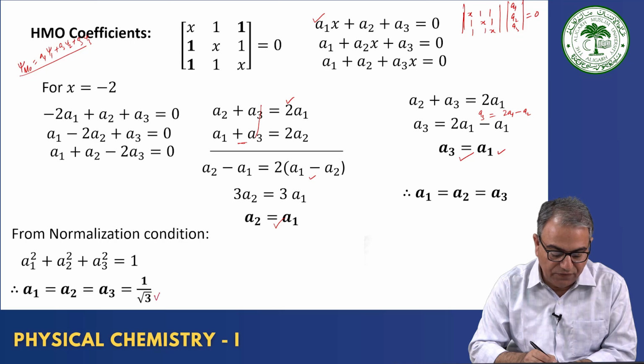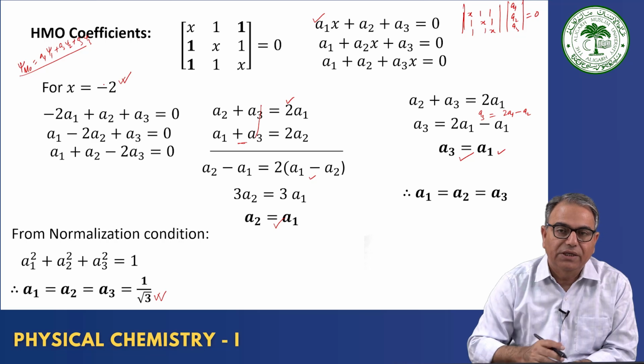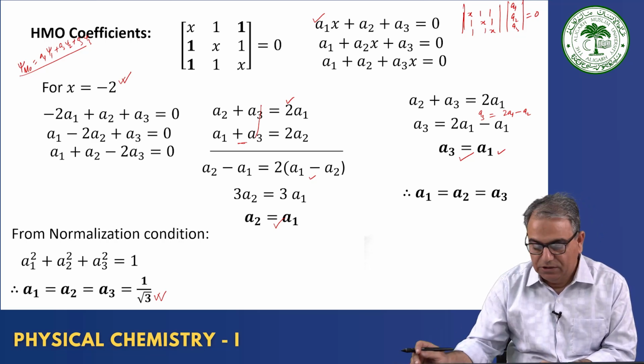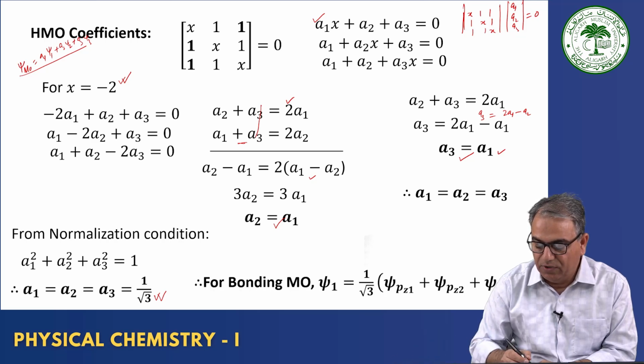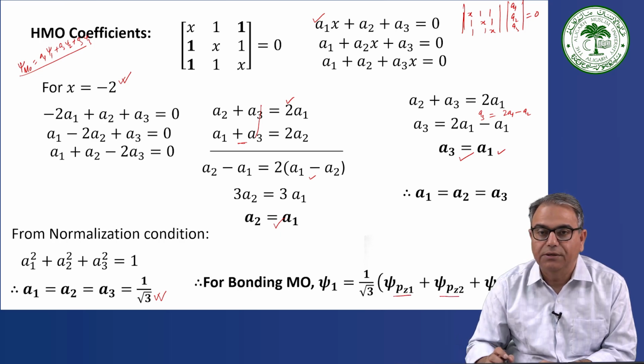So we have got the coefficients for x is equal to minus 2, and we have got the energy which is the bonding molecular orbital energy. For bonding molecular orbital, the wave function we can write as 1 by root 3 psi pz1 plus psi pz2 plus psi pz3.